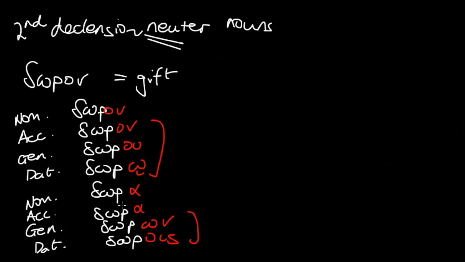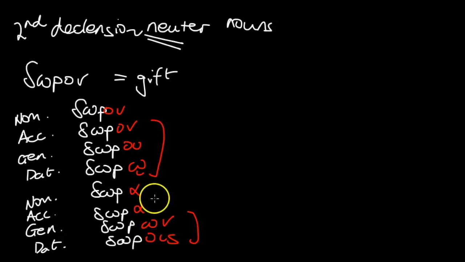And as I said for the definite article, neuter nominative and accusative nouns always have the same endings. And another rule which is quite handy to know is that nominative, accusative cases of neuter nouns or the definite article plural always end in alpha.